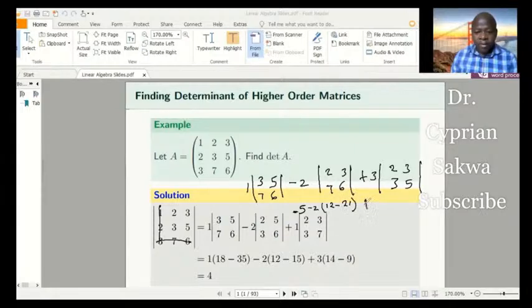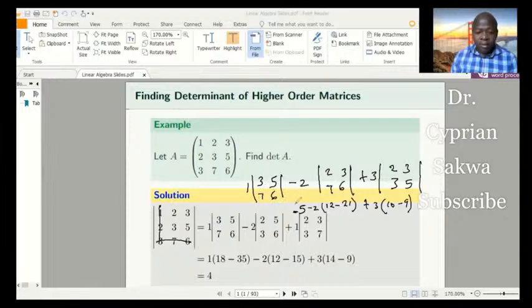Then plus 3, multiplied by 10 minus 9. This was 18 minus 35.